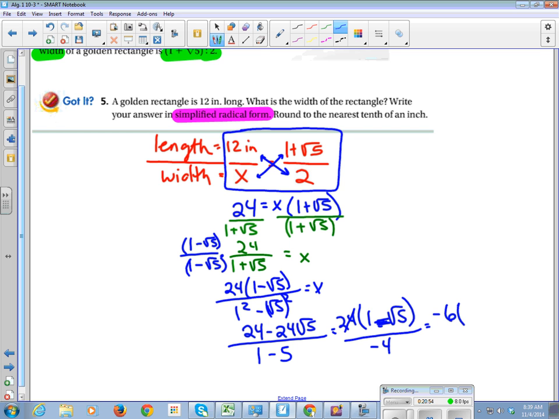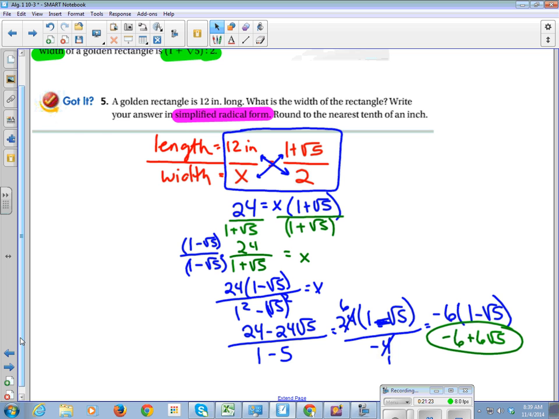So 4 goes into 24 6 times, and 4 goes into 4 1 time, and there's a negative, so the negative 6 over 1 becomes negative 6. Alright, so that's our simplified form. Actually, let's multiply it out and we'll get the simplified form. There's our simplified form.